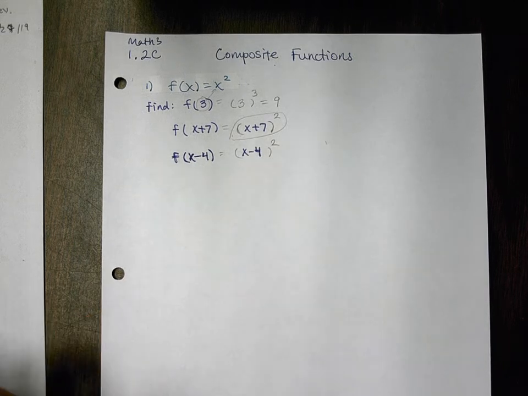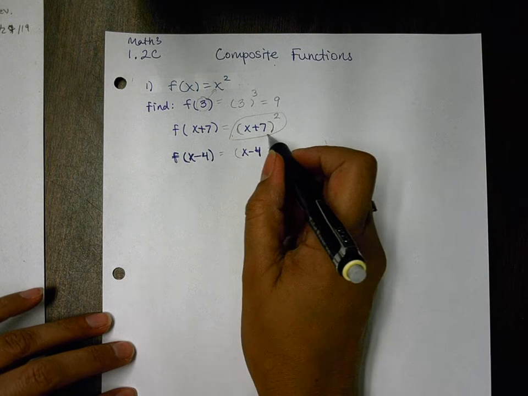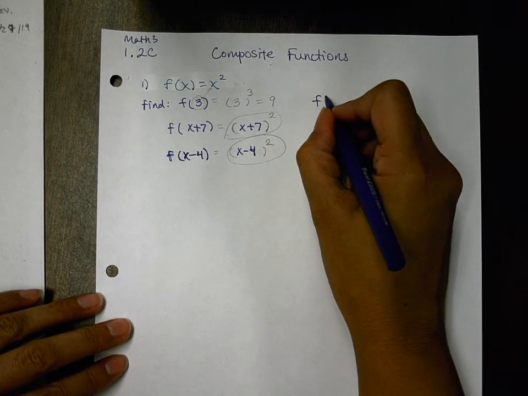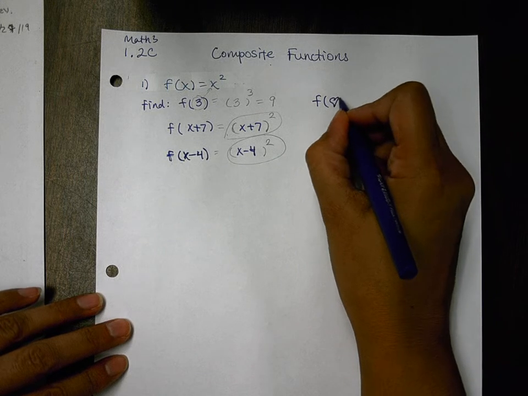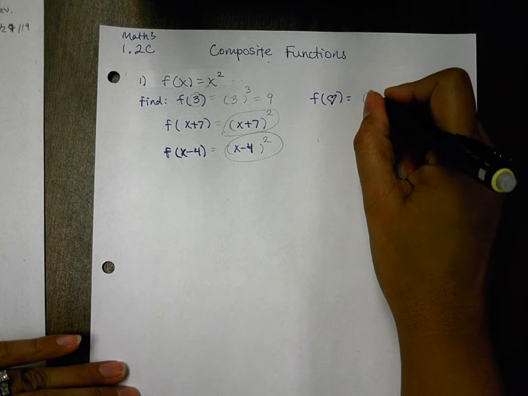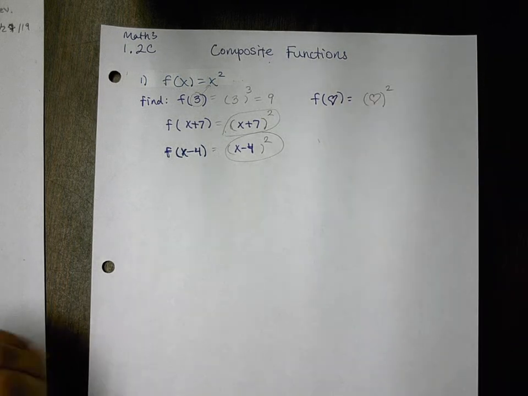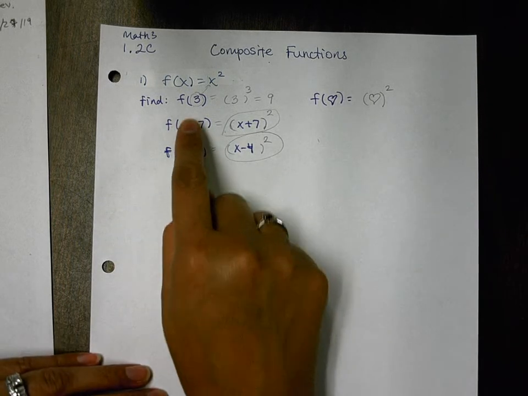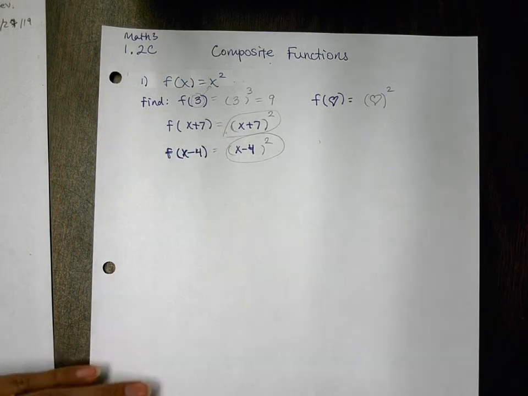It's evaluating. You're plugging it in for the x value. I could ask you to find f of heart, and then you're just going to take the heart and plug it in where the x used to be. So it's just plugging whatever is in the parentheses into the x spot.